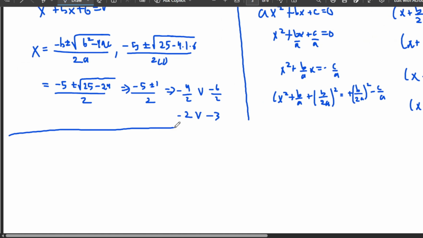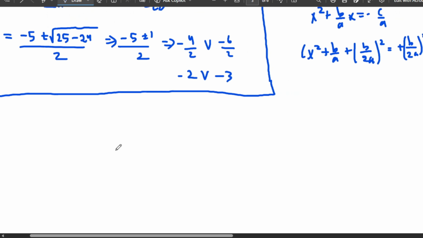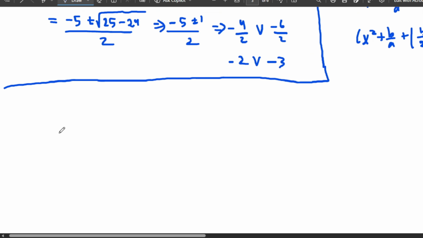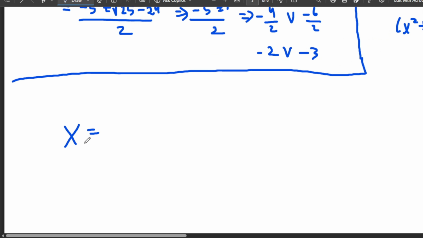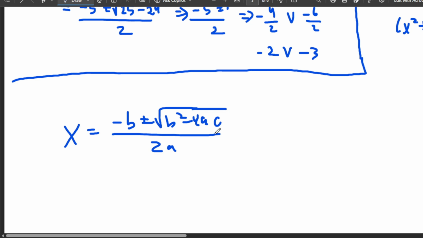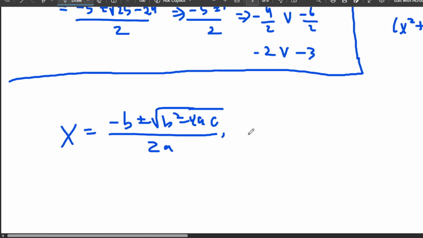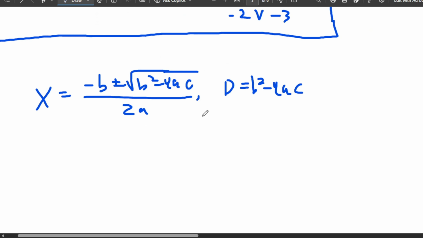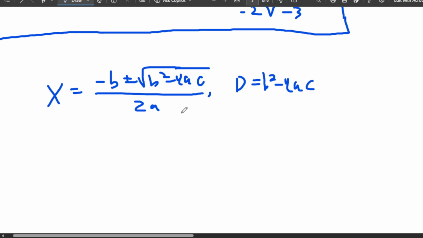Another thing that I have to talk about is the discriminant. If we had the quadratic formula, x equals negative b plus or minus the square root of b squared minus 4ac over 2 times a, the inside of this root is the discriminant. So the discriminant is equivalent to b squared minus 4ac.